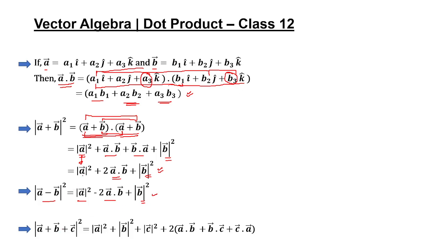Next is modulus of A plus B plus C whole square will be equal to modulus of A square plus modulus of B square plus modulus of C square plus 2 times A dot B plus B dot C plus C dot A. So you try to prove these two formulas, and if you find any problem, then please write in the comment box.